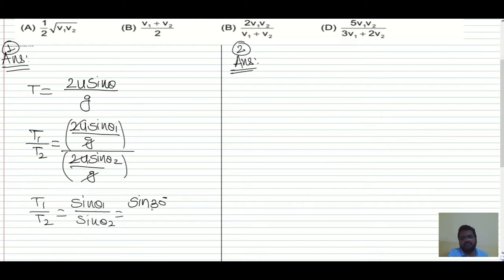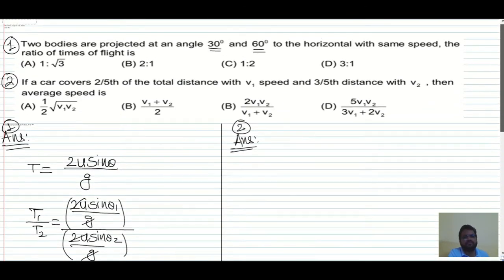Sine 30 degree divided by sine 60 degree. Sine 30 is 1 by 2 and sine 60 is root 3 by 2. This 2 will get cancelled, and we'll have t1 is to t2 ratio as 1 is to root 3. This is the answer, 1 is to root 3, and it is given in option A. So I hope this is clear.